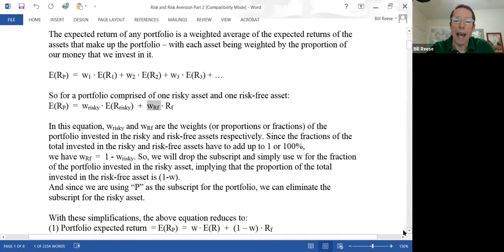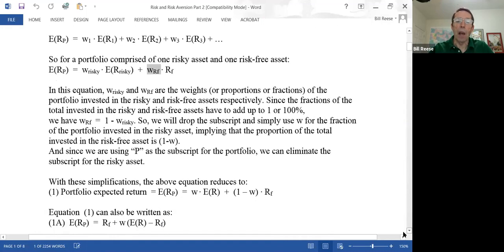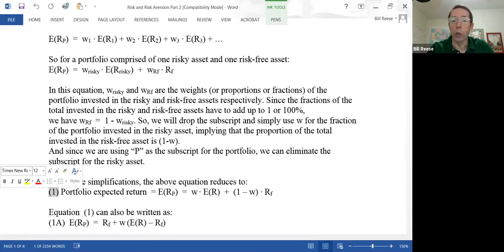What we end up with, when we have a risky asset and a risk-free asset, is what we're going to call equation number 1, because we'll be referring back to it later on.